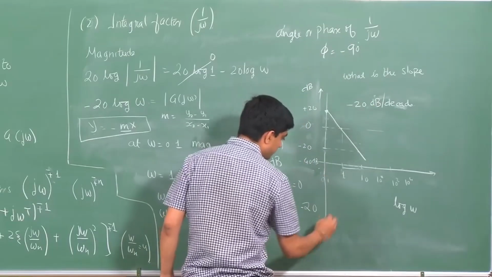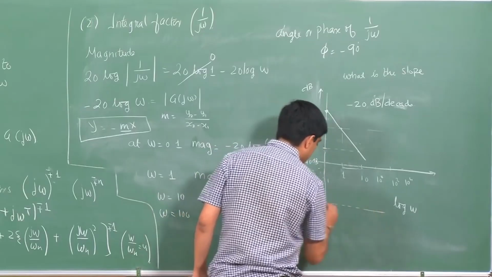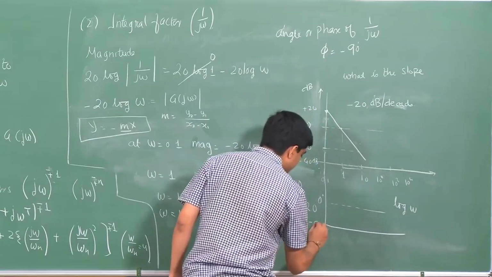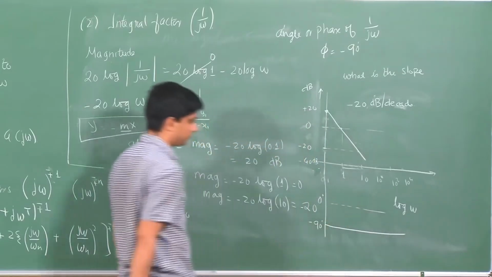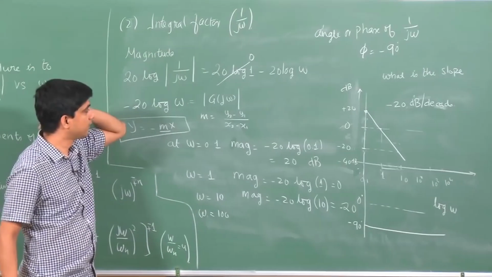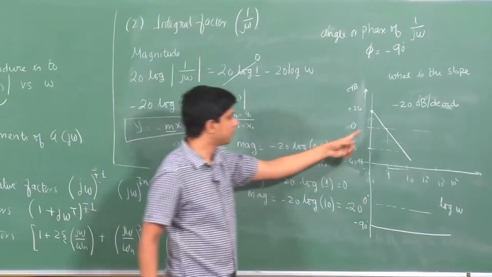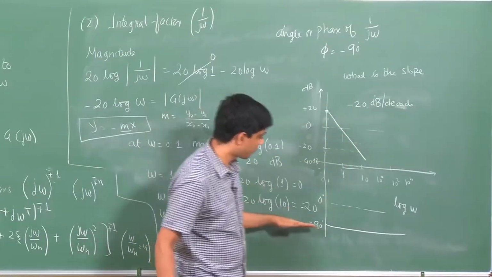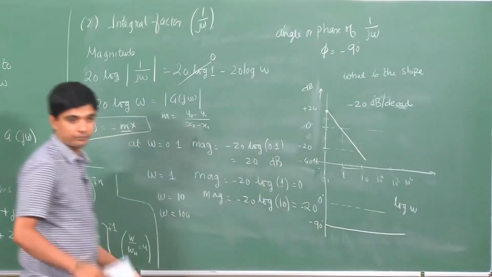If I draw the phase here, and say this is my 0 degree line, the phase will always be constant at minus 90 degrees. So, the integral factor will have a magnitude plot at minus 20 decibels per decade and a phase plot which is minus 90.